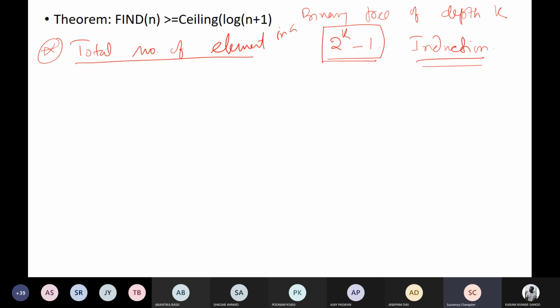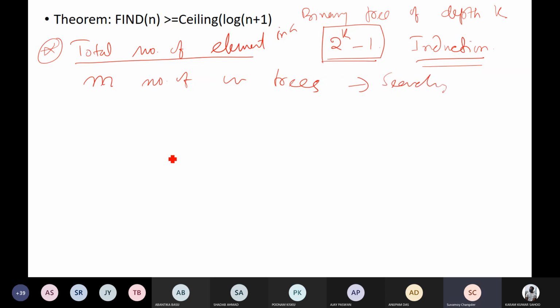Now, think about all possible comparison trees that model algorithms to solve the searching problem. We have m number of comparison trees that are solving the problem of searching. Clear?